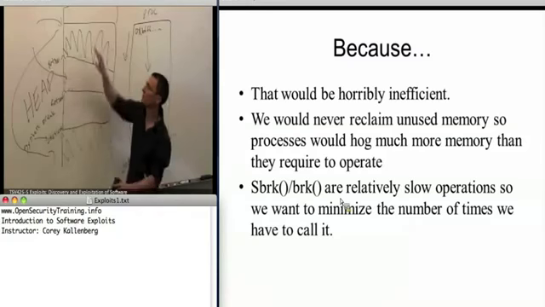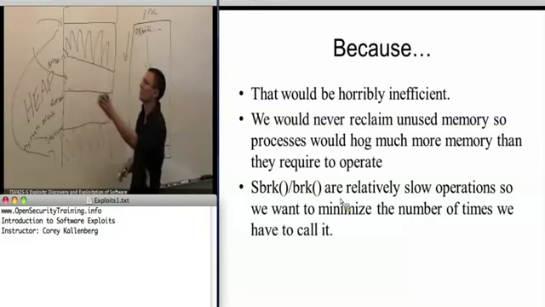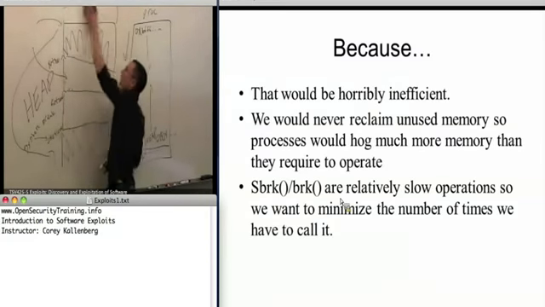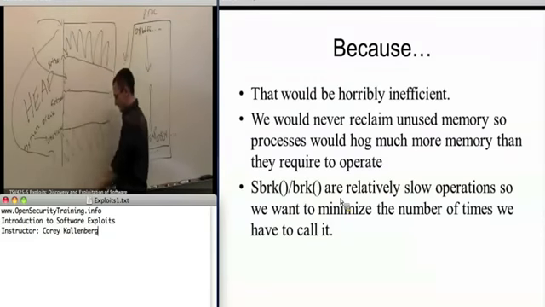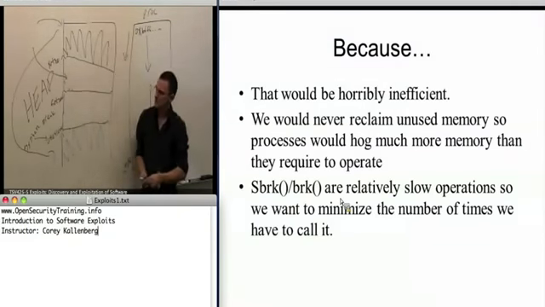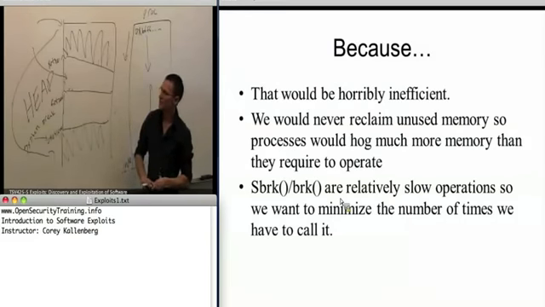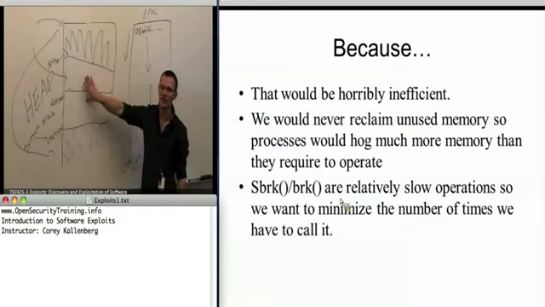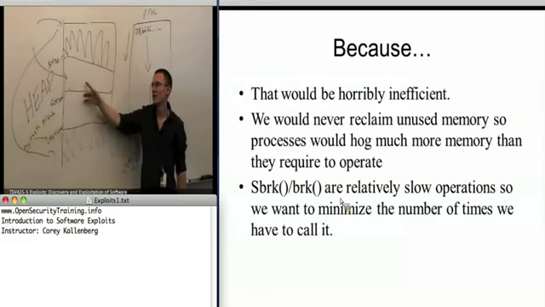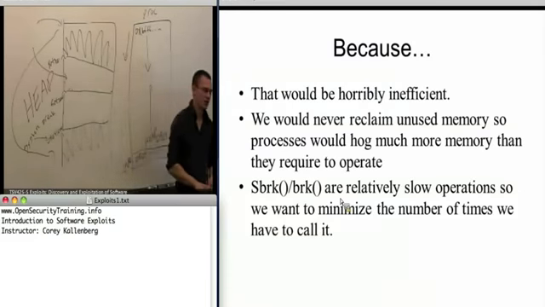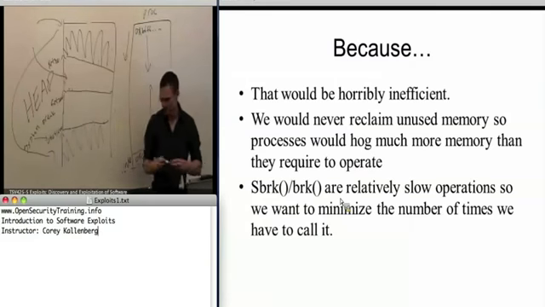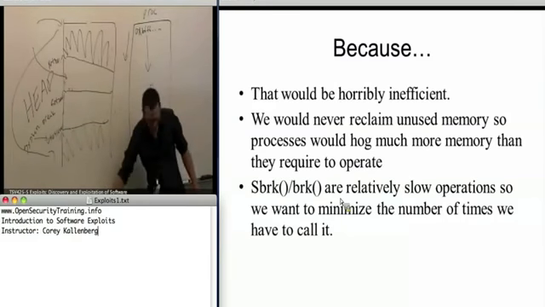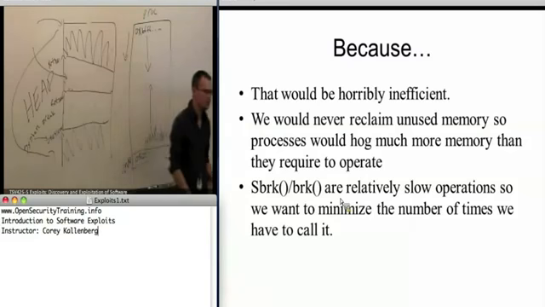That way I don't have to steal another chunk from the operating system, and I don't have to take all that time changing the limits of my process address space. So behind the scenes, the heap allocator is just keeping track of what's free, what's not free, how big it is, stuff like that. That way it can quickly allocate and free things and do everything as quickly and efficiently as possible.